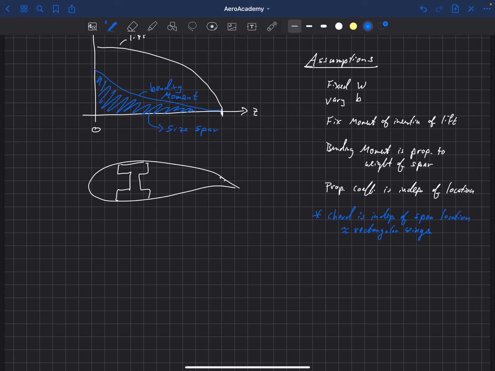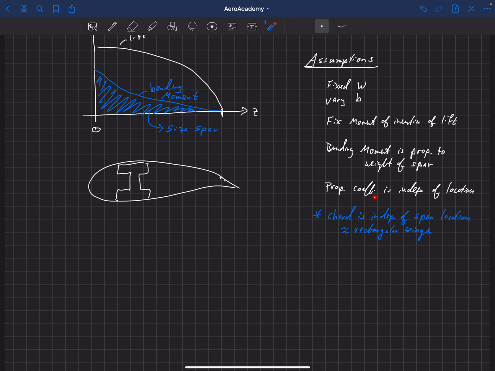We didn't look exactly at Prandtl's problem and his same assumptions, but for the other things we were looking at, taper didn't affect the solution very much. So these analytic solutions that we're going to talk about here are fairly good, even for tapered wings, although in his math he's constraining this to rectangular wings, not directly, but indirectly by assuming this proportionality coefficient is independent of the location.